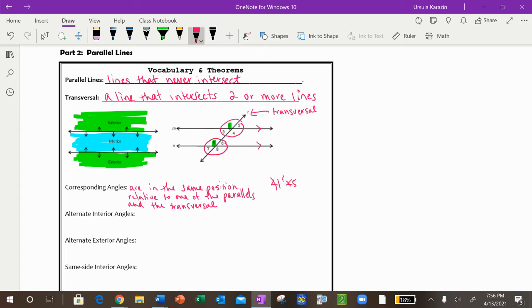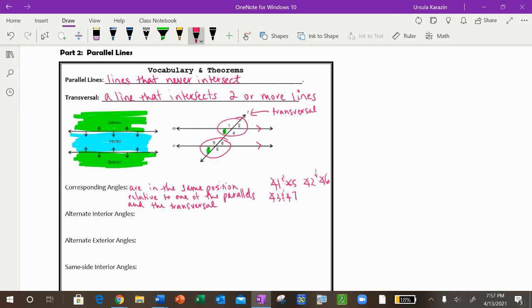Alrighty, then we have angles 2, and its corresponding is 6 because they're both in the upper right corner of that circle. Okay, then continuing, make sure we complete these circles. Angle 3 is in the bottom left, and angle 7 is in the bottom left, so they're corresponding.